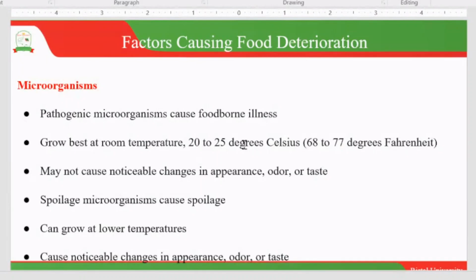This is where the microorganisms that cause the foodborne illnesses will develop.